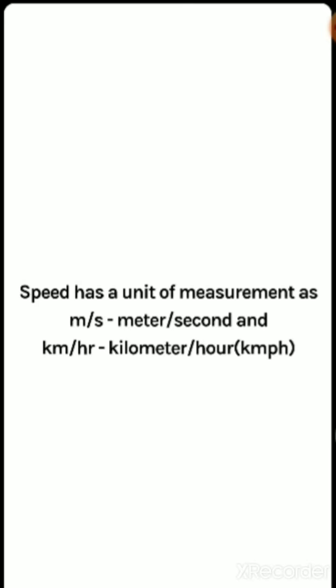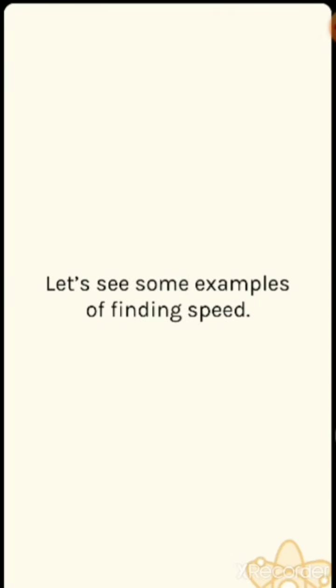And what is the unit of time? That is second only. Also we can take kilometer per hour. Meter per second or kilometer per hour is the unit of speed, because speed is equal to distance divided by time. Okay, let's see some examples of finding speed.